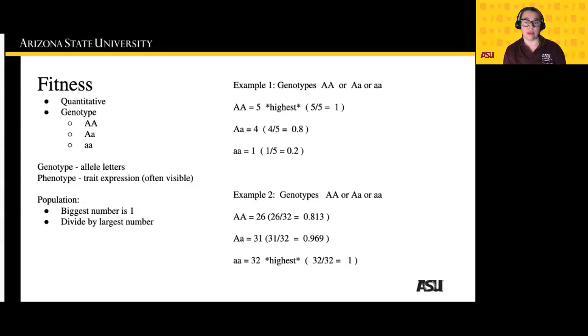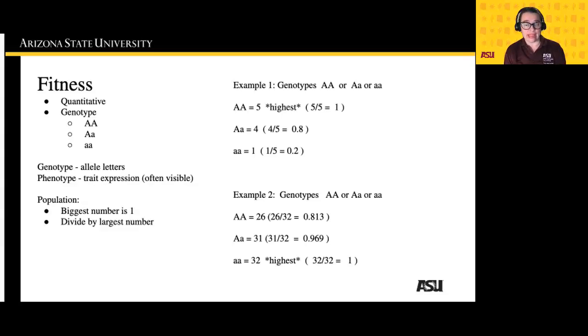Let's look at a second example. If there's a population with 26 big A, big A individuals, 31 big A, little a individuals, and 32 little a, little a individuals, what would the fitness of each genotype be? The genotype with the most individuals has 32 individuals. So little a, little a is 32 out of 32, or 1.